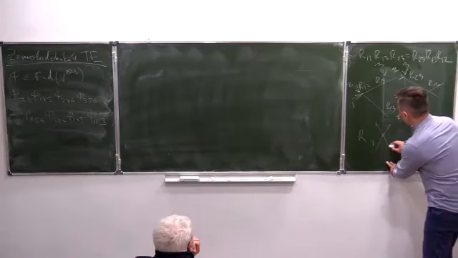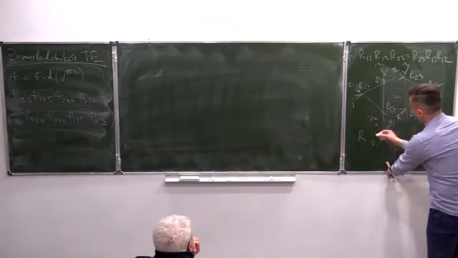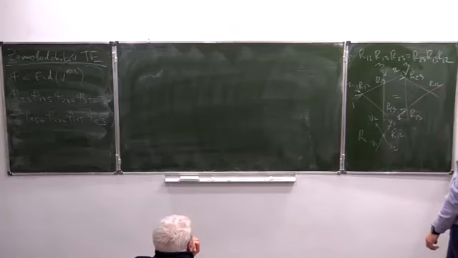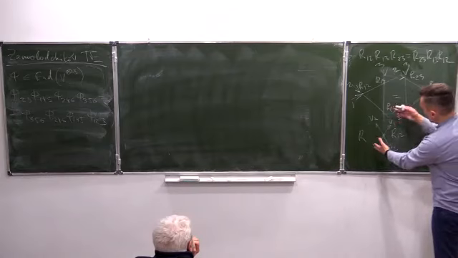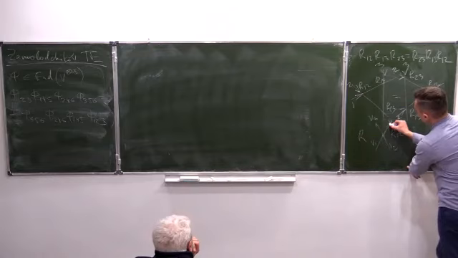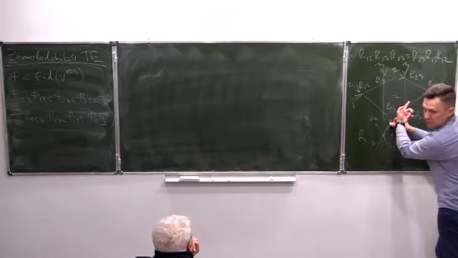We have 1 with 2, and here we place R1,2, and we can compose such operators if the outgoing edge of one diagram is incoming for another one.